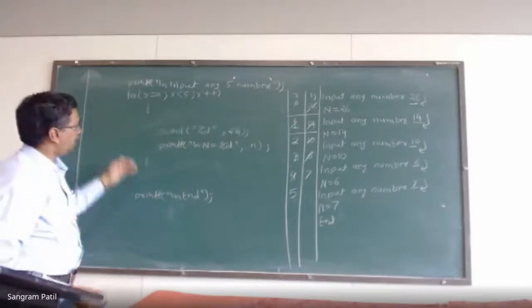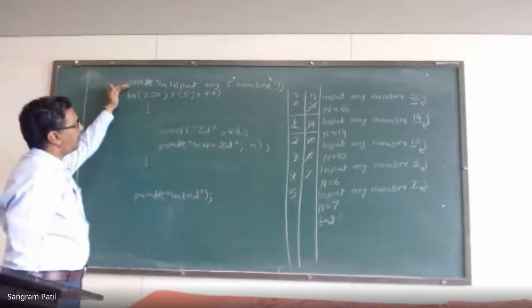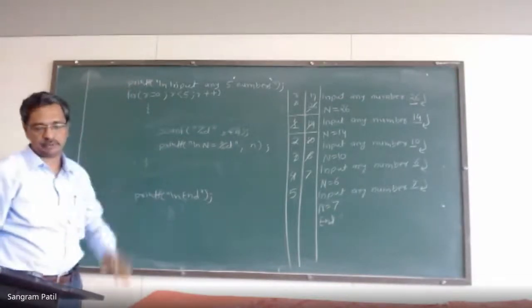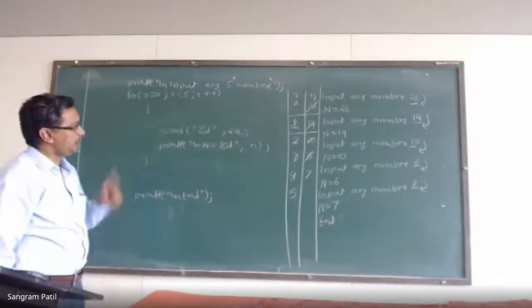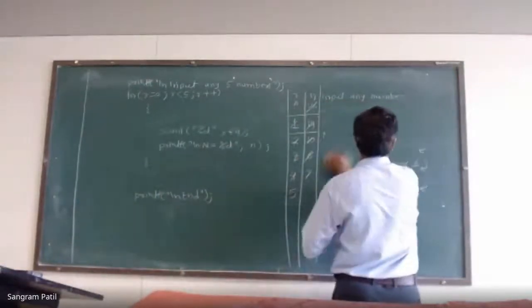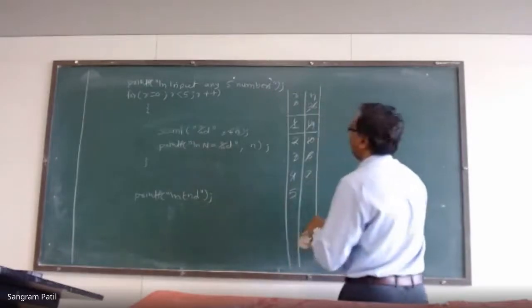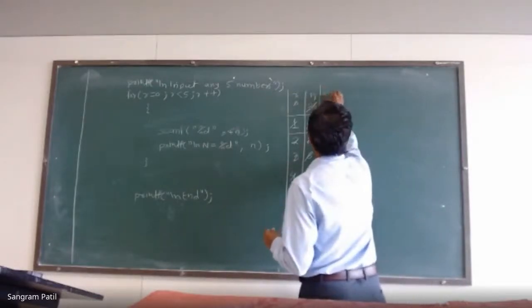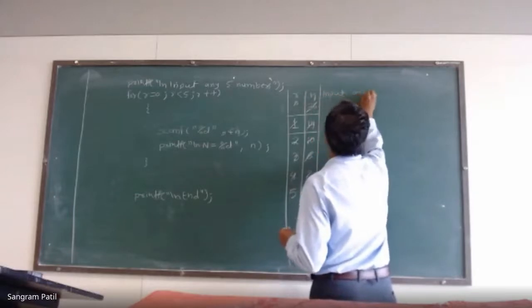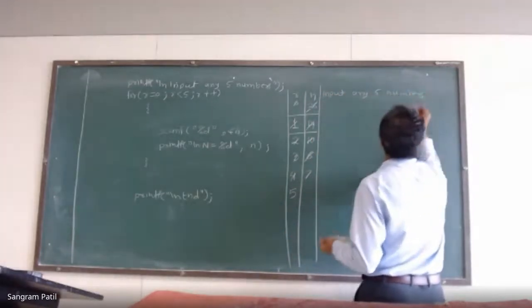Means instead of every time executing in the loop, I am giving directly at the start, input any 5 numbers. So what will it give you now? It will give you input any 5 numbers.